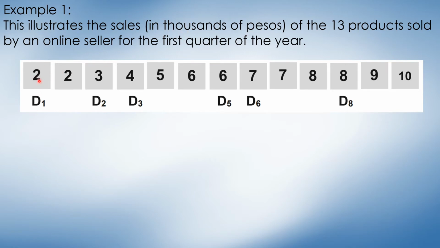We have the first decile here, second decile is 3,000, third decile 4,000, fifth decile 6,000, sixth decile 7,000, and eighth decile 8,000.